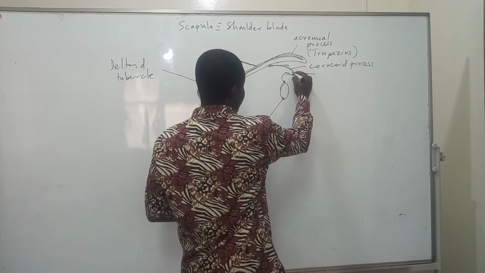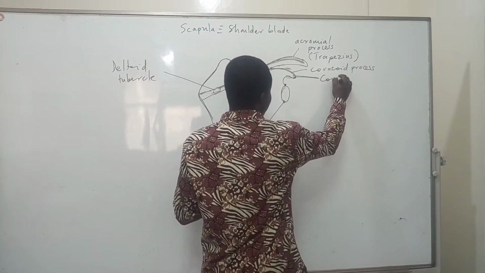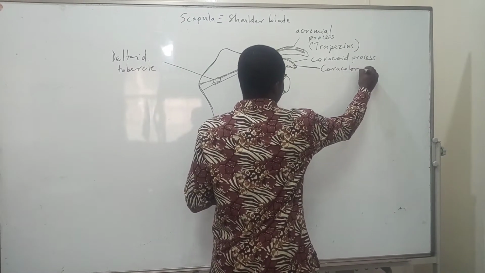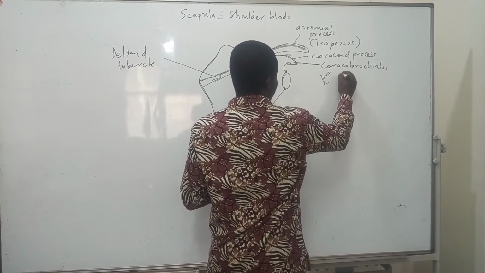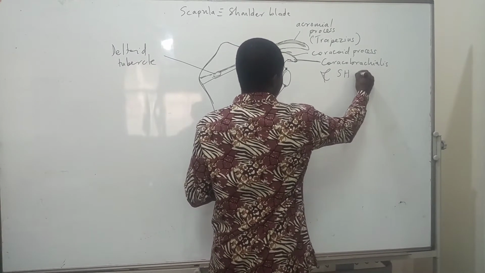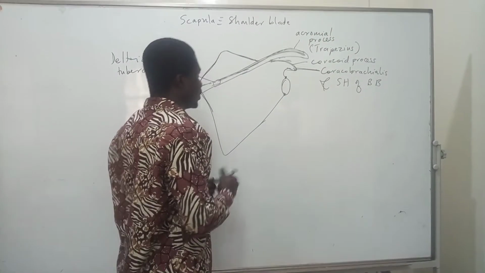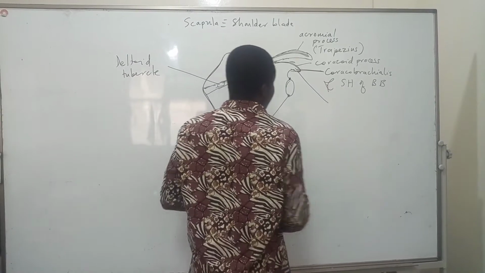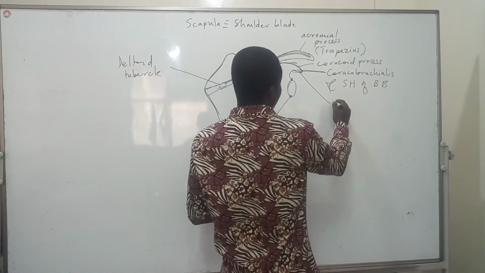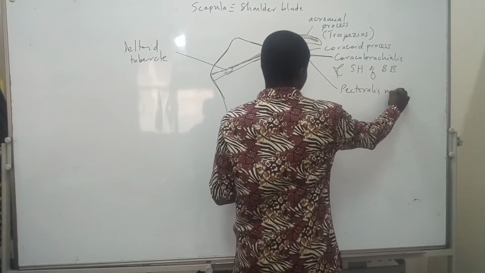Two are for origins: it provides origin for coracobrachialis and the short head of biceps brachii muscle. It also provides the point of insertion for the pectoralis minor muscle.